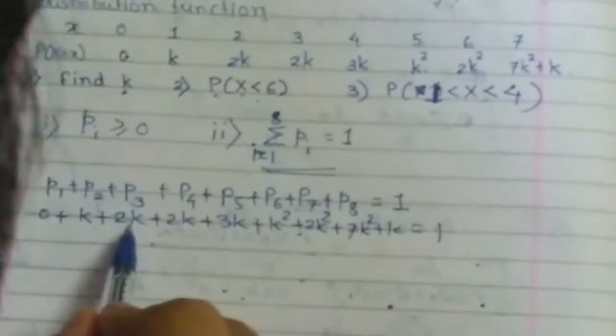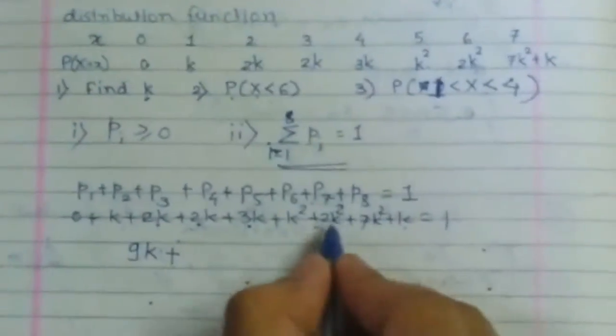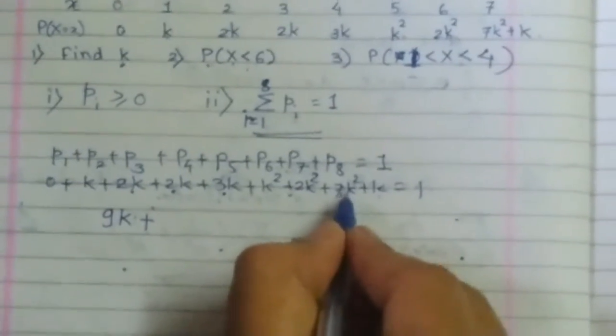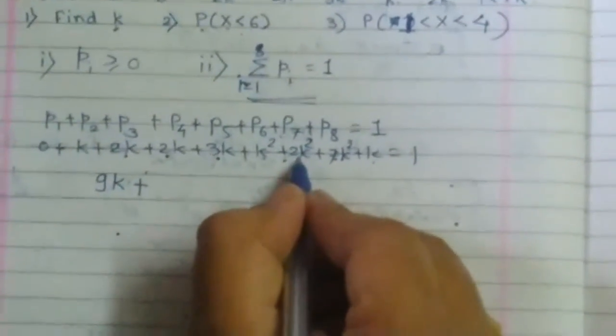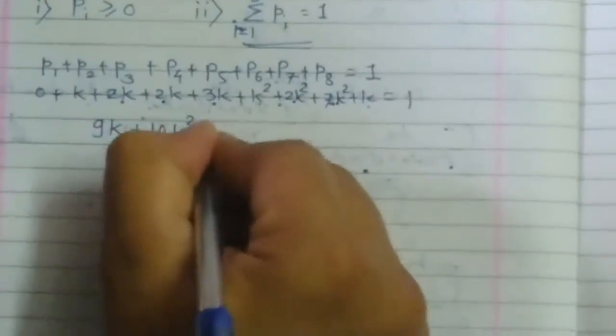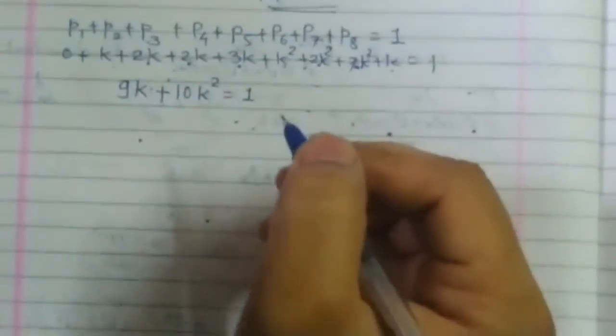Now K plus 2K is 3K, 3K plus 2K is 5K, 5K plus 3K is 8K, plus K becomes 9K, plus K square plus 2K square plus 7K square gives us 10K square is equal to 1.